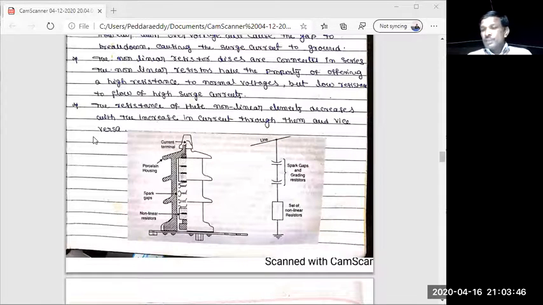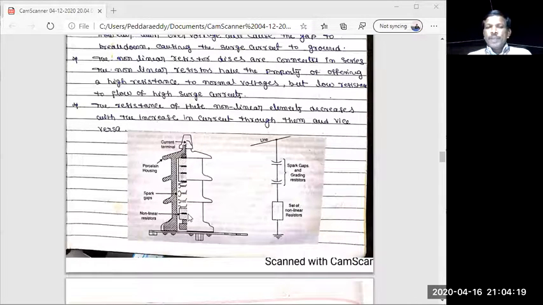Under abnormal conditions, what happens? Under abnormal or voltage surge conditions, the voltage surge passes through the lightning arrestor. The high voltage surge breaks down the spark gaps and the spark gap now acts as a conductor.